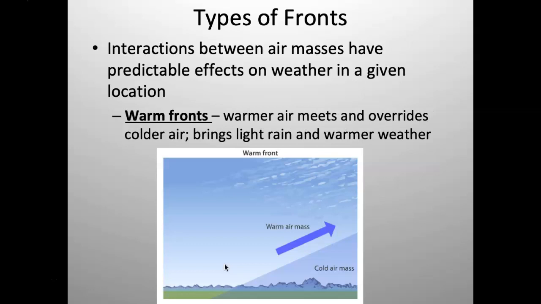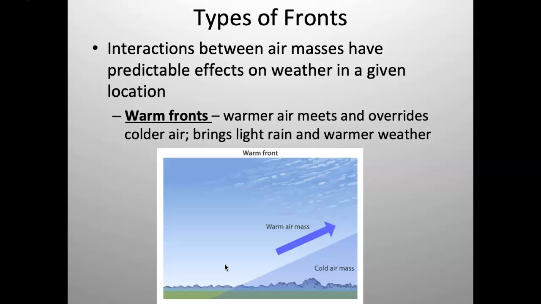There are three main types of fronts. When we look at fronts, we're looking at the interaction between those air masses and the predictable weather that results in that location. The first is a warm front. It's named this because the warmer air moves into an area.